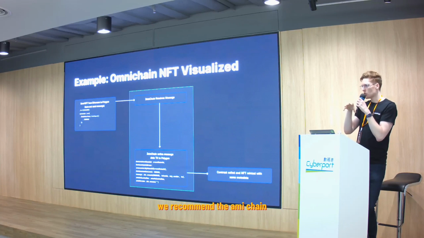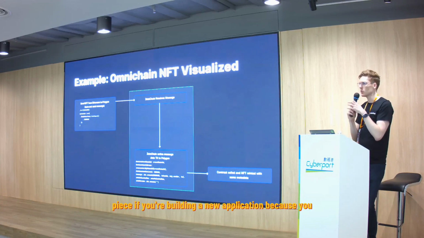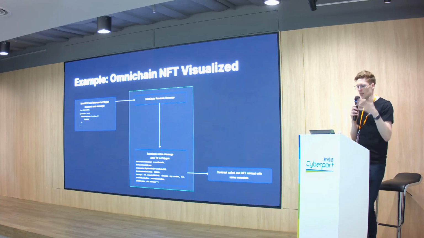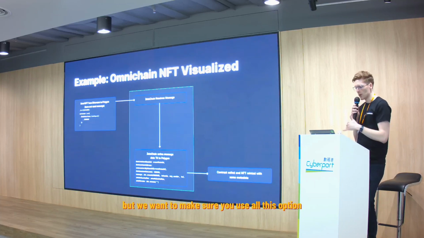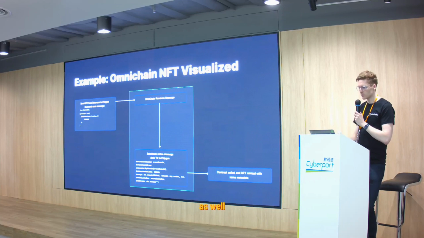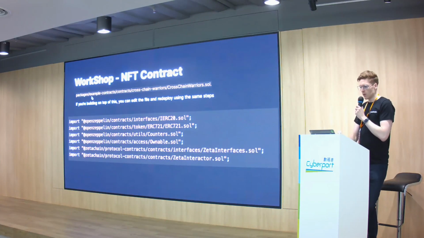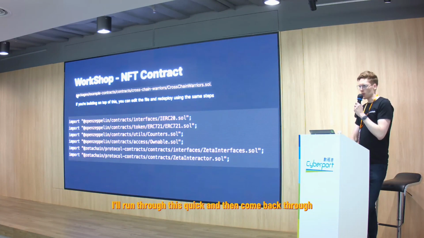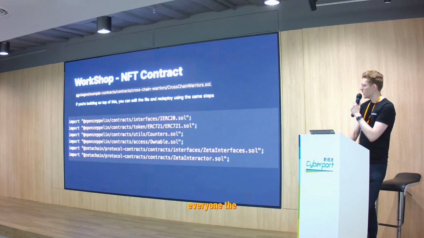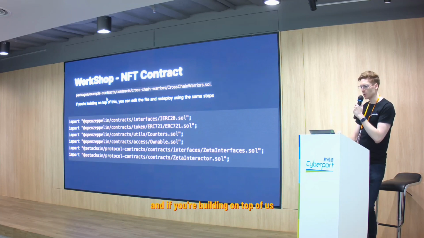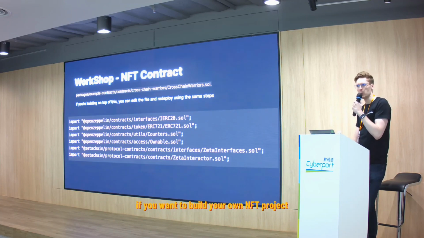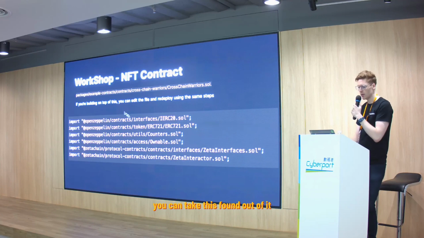We recommend the Omnichain piece if you're building a new application. It's easier to manage, better operations, and much simpler, but we want to make sure you saw this option as well. For this one, I'll run through this quick and then come back through with everyone. The instructions are also in that same docs page if you want to go through it step by step. And if you're building on top of us, if you want to build your own NFT project, you can take this file and edit it.